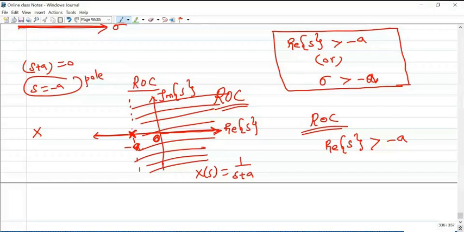So at some point, you just mark this. Real part of s greater than minus a. If this is minus 1, greater than minus 1 means this portion. Correct? So this way you have to mark your region of convergence.